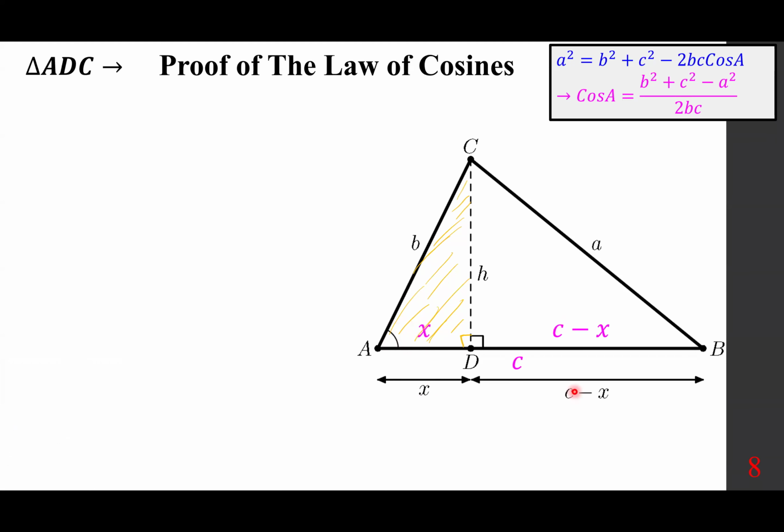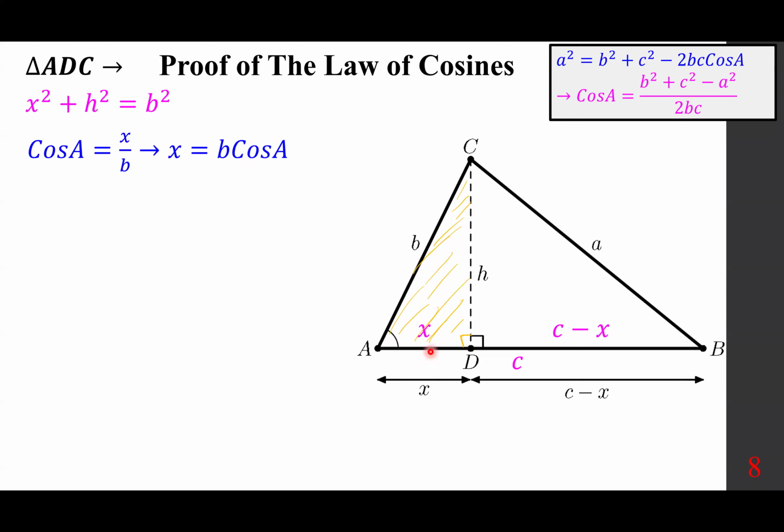This is c minus x, this is c, okay? This whole AB is c. So it's x over the hypotenuse b, because x squared plus h squared equals b squared, and cosine A is x over b, so x becomes b cosine A. One more time.